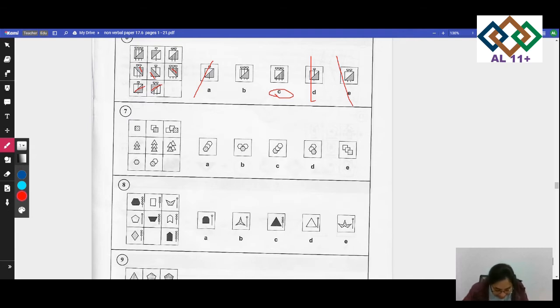Working from left to right, the number of shapes increases by 1. So if you look at this, this is 1, 2, 3, 2, 3, 4. 1, 2. So next one I need is a 3. And it needs to go something like this. So that's why it will be D.